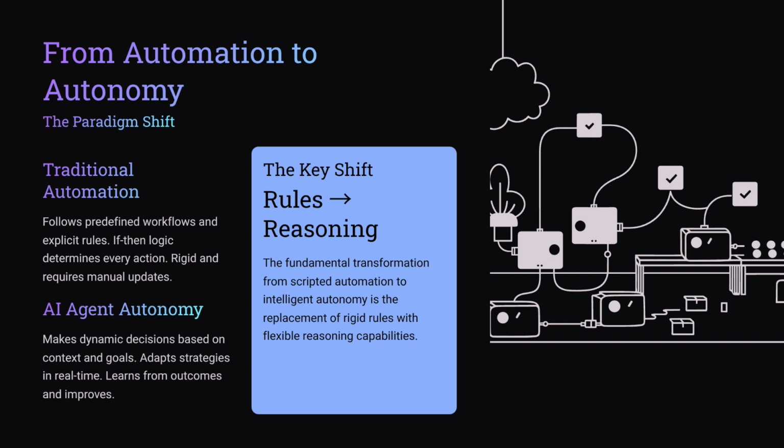It scales cognitive work. But remember something critical. Autonomy increases responsibility. More reasoning power means more need for monitoring, more need for evaluation, more need for safety controls. So the real shift is not just technological, it is architectural. From if this, then that, to given this goal, what is the best next step?